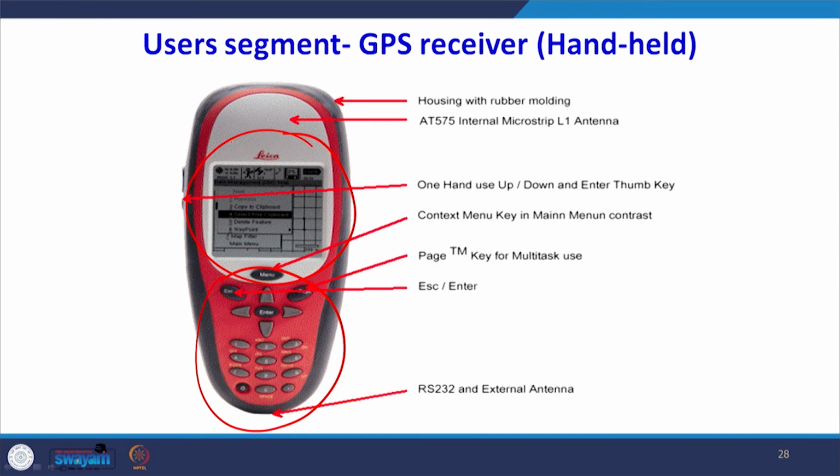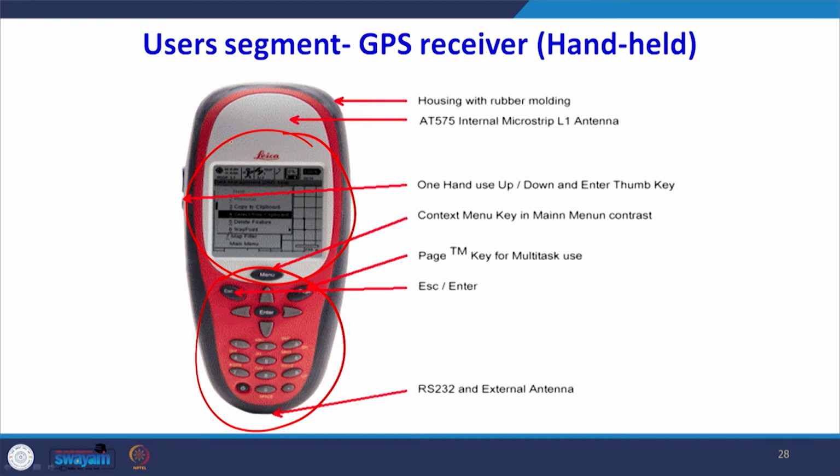All that I can see on my screen. Then there is a small inbuilt computer also, so I can do certain computations, store my data and retrieve my data. All that facility is there in the handheld type of receiver.